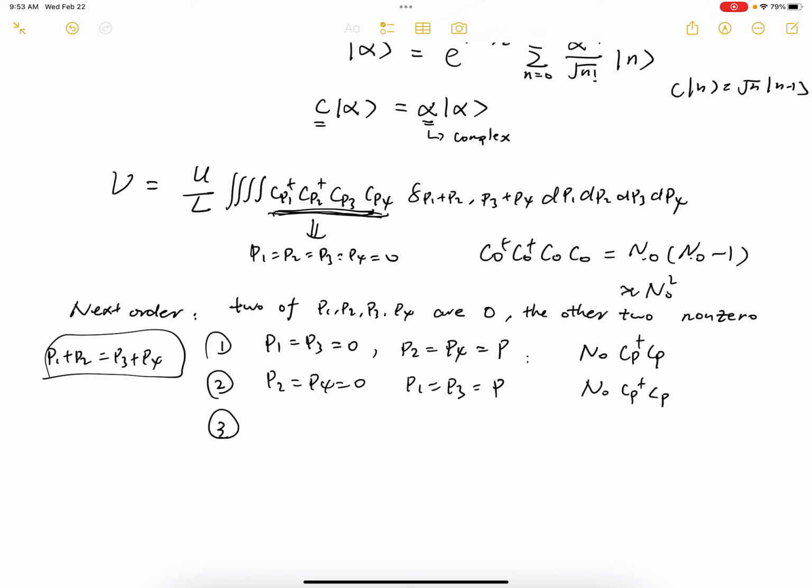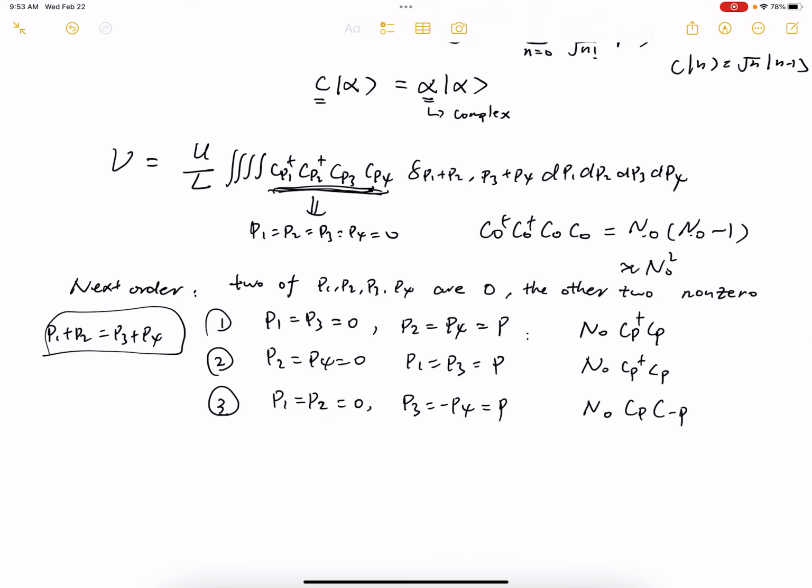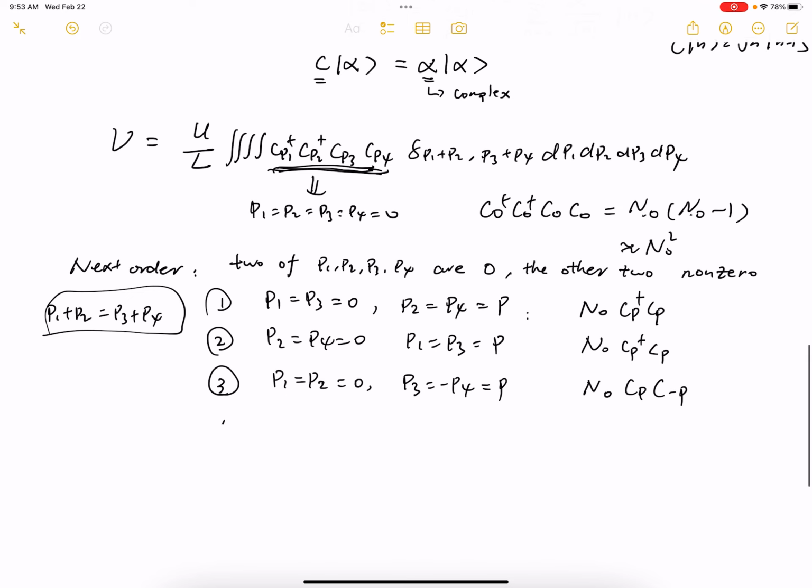We can also have P1 and P2 both equal to 0, and in this case P3 equals negative P4 equals P. We are going to get terms like N0, and then a CP and a C minus P. And then there's the last case, which is P3 equals P4 equals 0, and then P1 equals negative P2 equals P. In this case, we'll get N0, and then CP dagger and C minus P dagger.